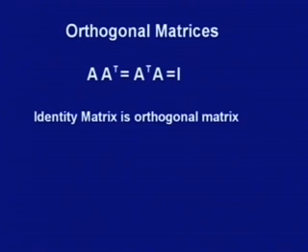One can actually work out A and A transpose. A happens to be the identity matrix, its transpose is also the identity matrix, because the identity matrix is a diagonal matrix. So, its transpose will also be the same, and multiplying the identity matrix with itself is again an identity matrix. So, the identity matrix is a good example of orthogonal matrices.